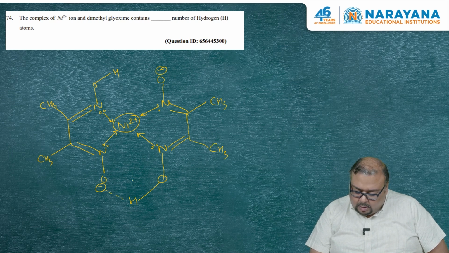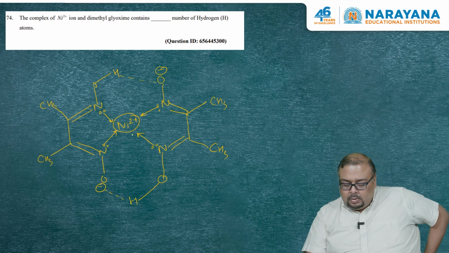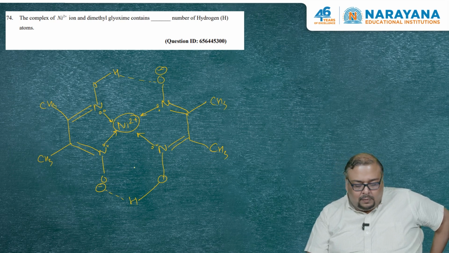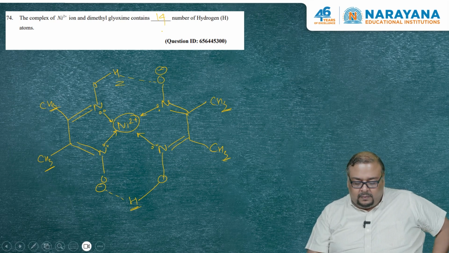So this is the hydrogen bonding, and there are 4 rings, out of which 2 are rings due to the complex and 2 rings are due to hydrogen bond. They are asking the number of hydrogens. So you have got 3, 6, 9 and 12, 13 and 14. So a total of 14 should be the answer for question number 74.